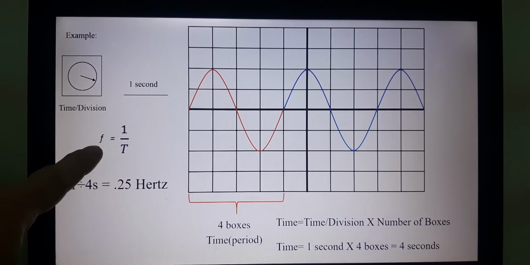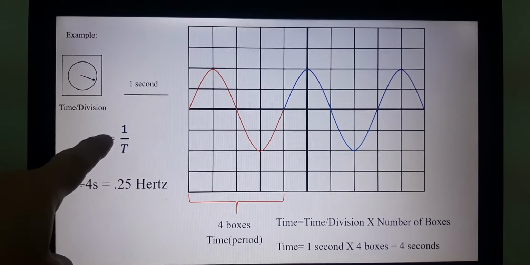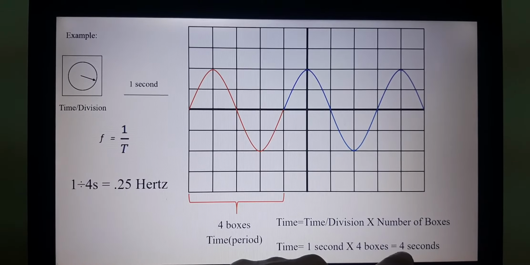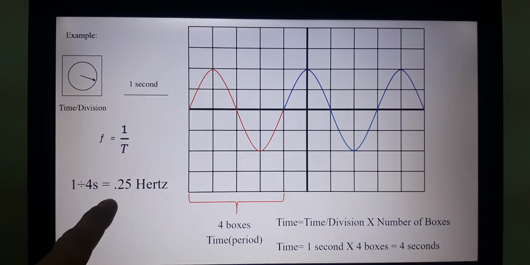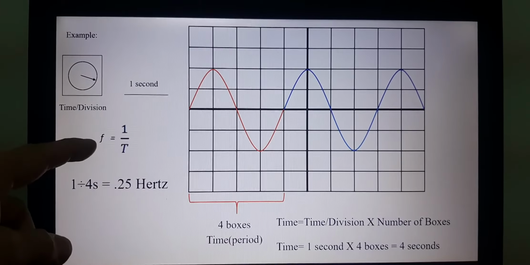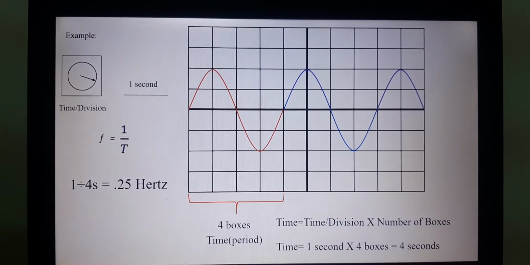Why? Our formula is frequency is equal to 1 divided by time, so 1 divided by 4 seconds is equal to 0.25 hertz. That's how we are going to compute for the frequency. Here is the formula, here is the computation of the time, and that's it.